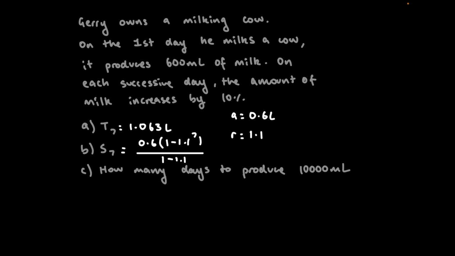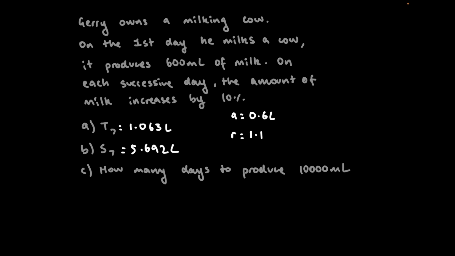And if we use our calculator, we get 5.692. That's how many liters of milk that the milking cow produces in a week.